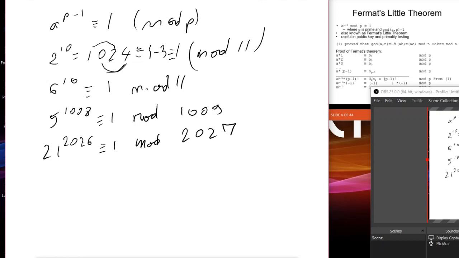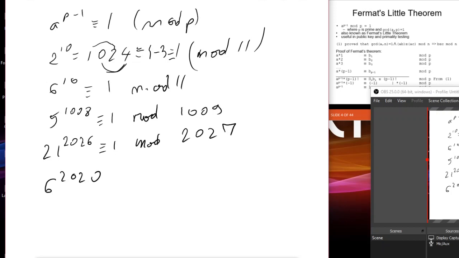We can also compute more complex exponentiations using Fermat, so we can simplify some exponentiation, which is very important for the big computations that are used with cryptography. One such example is, let's say, 6 to the power 2020.